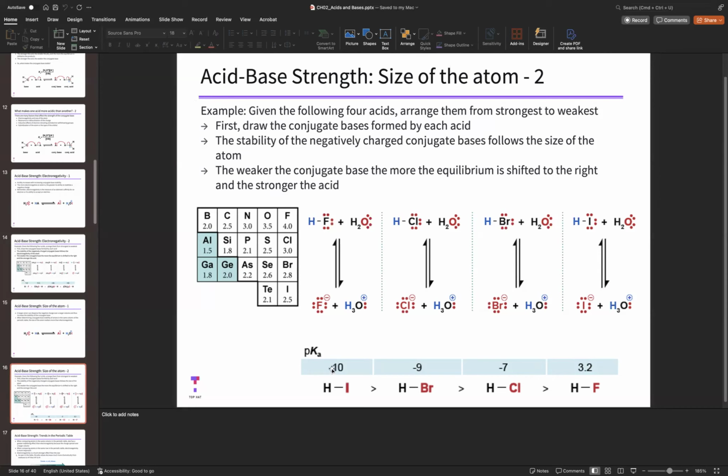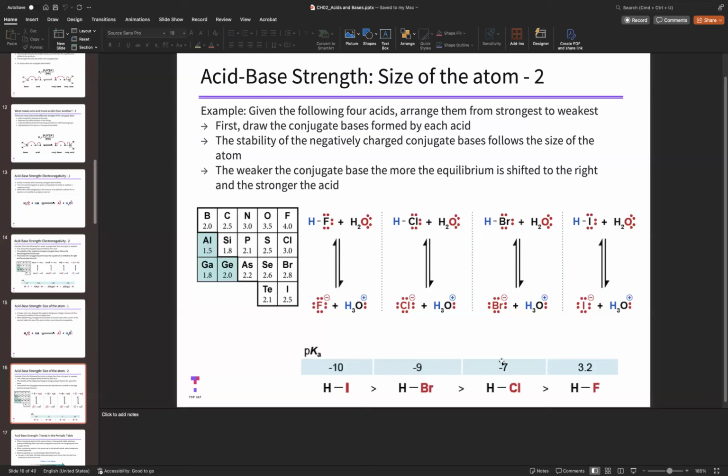We are starting at the bottom where we are writing the pKa's. We are starting with HI, because that is the strongest acid. Hydroiodic acid has a pKa of -10. Then the second to last, HBr, hydrobromic acid, has a pKa of -9.